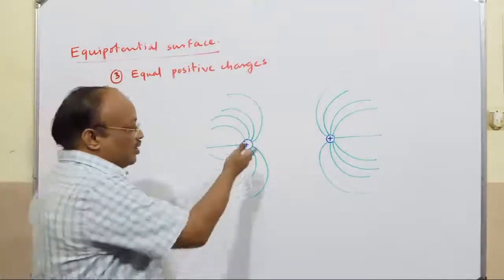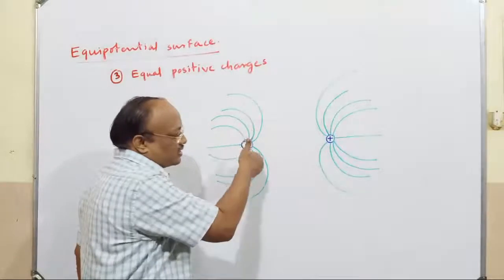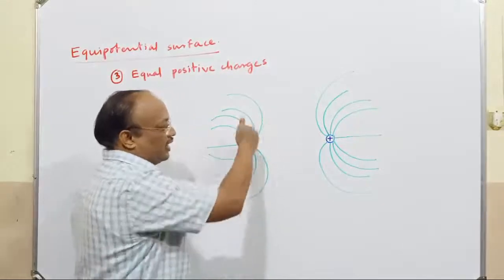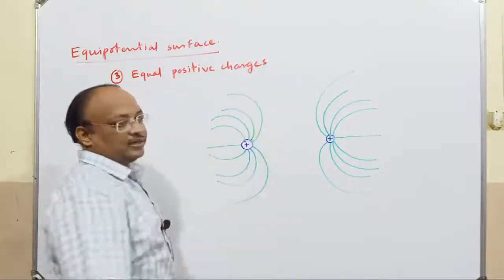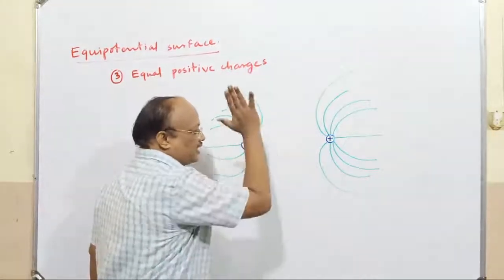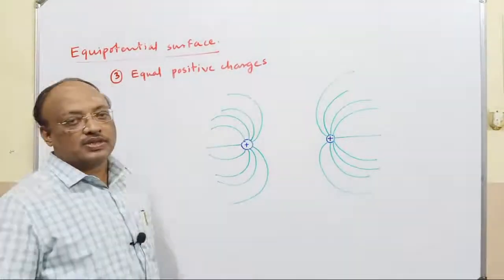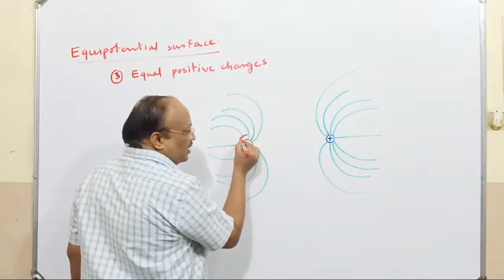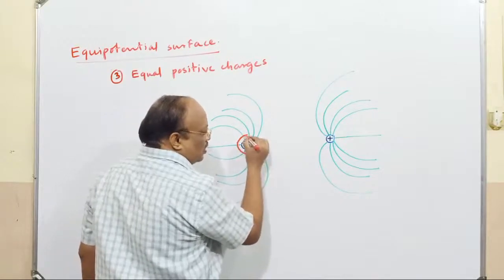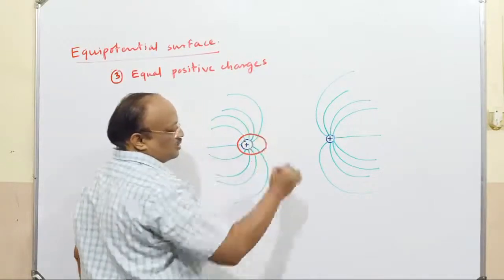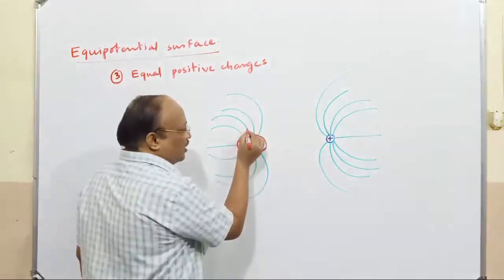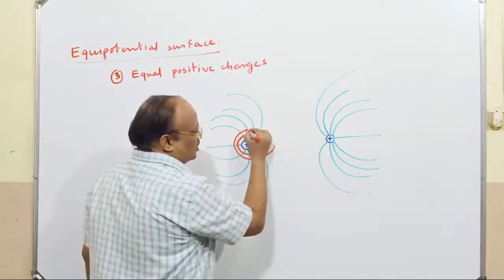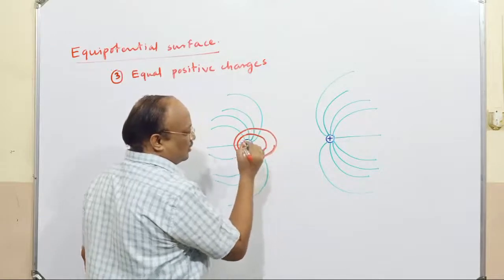What you are seeing is more electric lines of force on this side, whereas there are very few electric lines of force on this side. In the sense, the field is less on this side and more on this side. Because how will our equipotential surface be? On this side it will be close, whereas on this side the spacing is more.